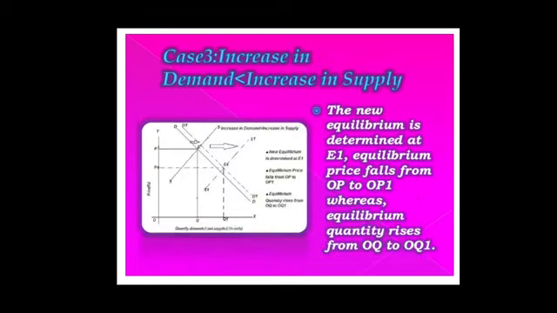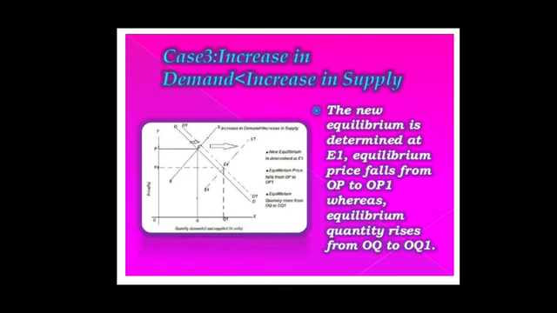Now case third, when increase in demand is less than increase in supply. Here the initial demand curve DD and the initial supply curve SS intersect each other at point E. So point E is the original equilibrium position, OP is the equilibrium price, and OQ is the equilibrium quantity.